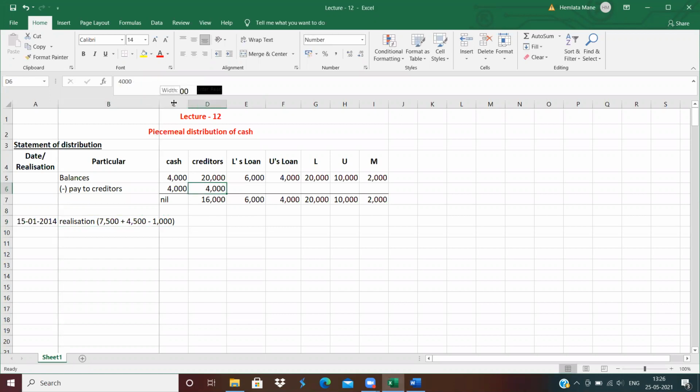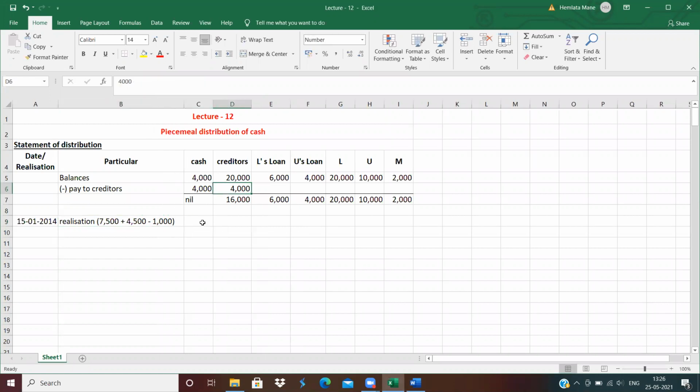How much is the cash balance? 7,500 plus 4,500 minus 1,000 means 11,000. You have to pay 16,000 to creditors, but only 11,000 balance is available. So pay 11,000 now. The remaining amount we will pay in the next realization.